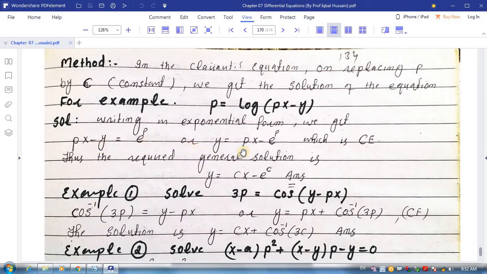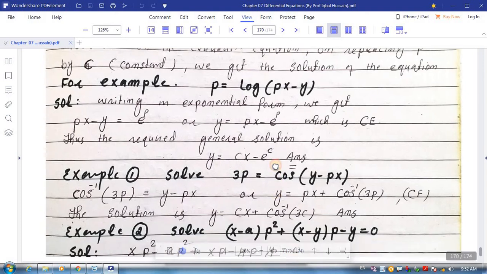Simplifying, y is equal to px minus e power p. This is a differential equation of the form y is equal to px plus f of p. So this equation is Clairaut's equation. Thus the required general solution is y is equal to cx minus e power c. If we replace p by c, we get the general solution of the Clairaut's equation.